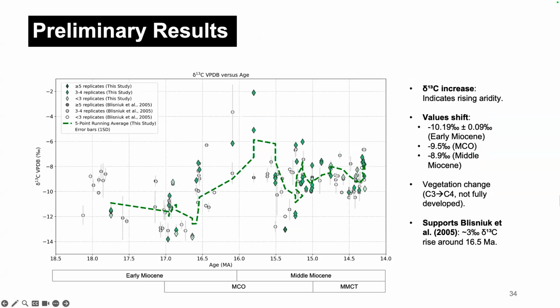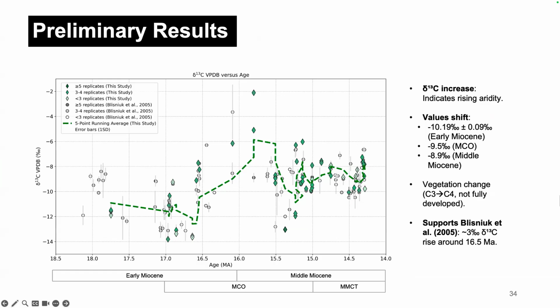Preliminary delta 13C results show a progressive increase from the early Miocene to middle Miocene, suggesting an increase in aridity and a shift in vegetation. Delta 13C values rise from an average of negative 10.2 per mil VPDB in the early Miocene to negative 9.5 per mil during the MCO, reaching negative 8.5 per mil in the middle Miocene.